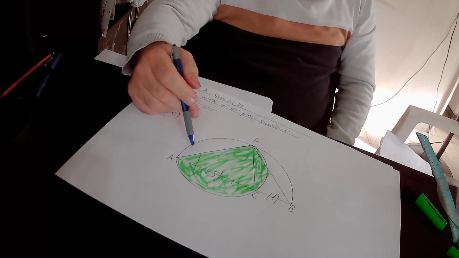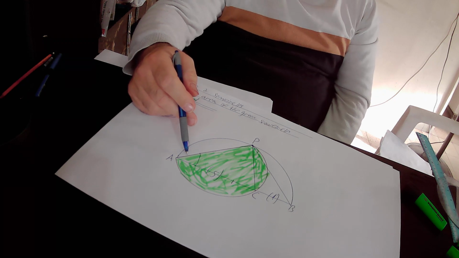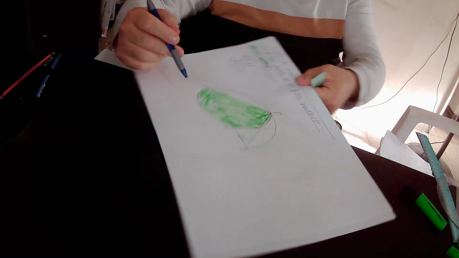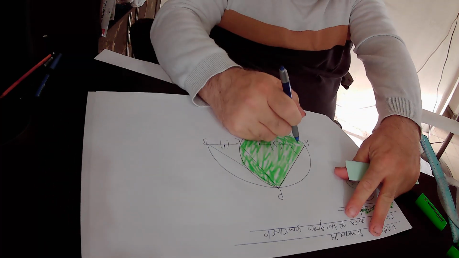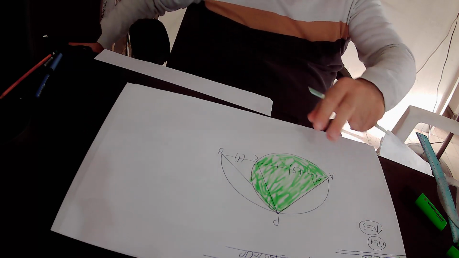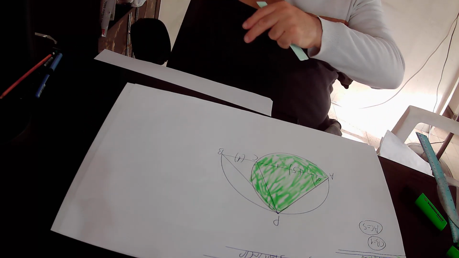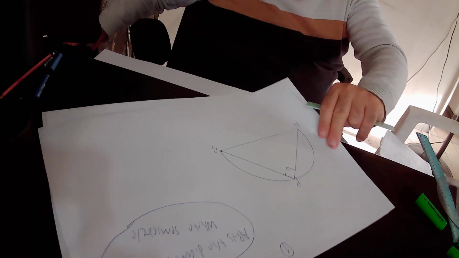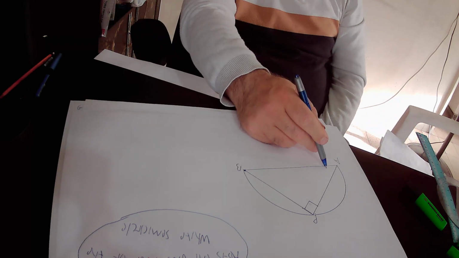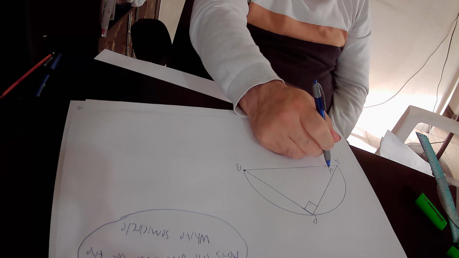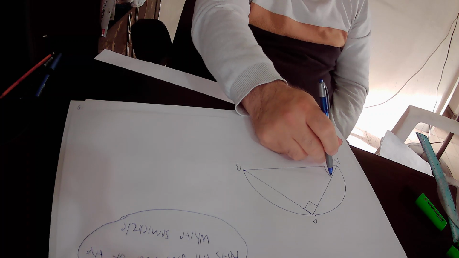So we will define the size of the common angle. This common angle, angle A, is alpha. So this is angle A. It is defined as alpha.